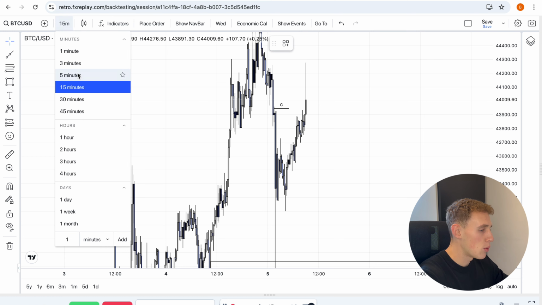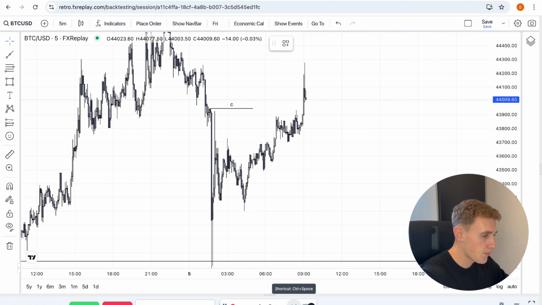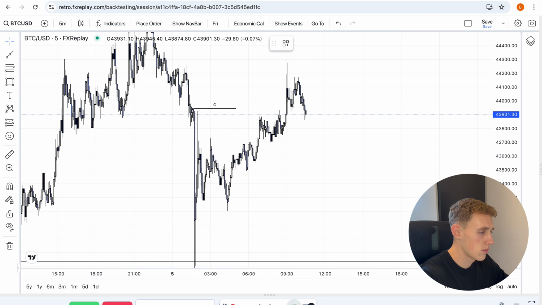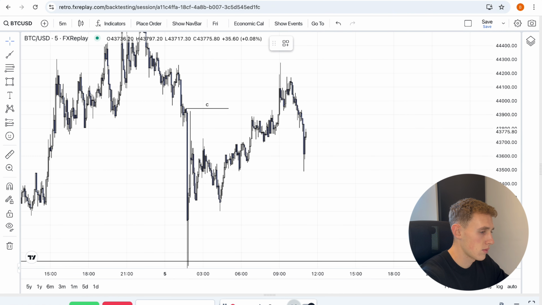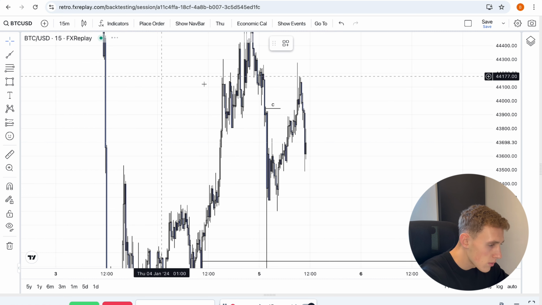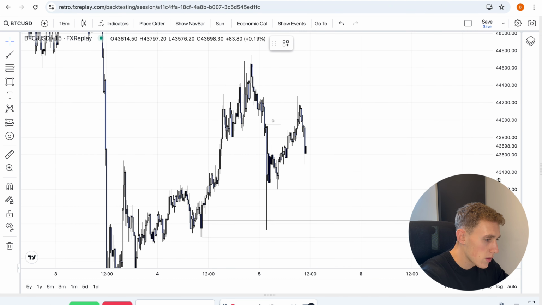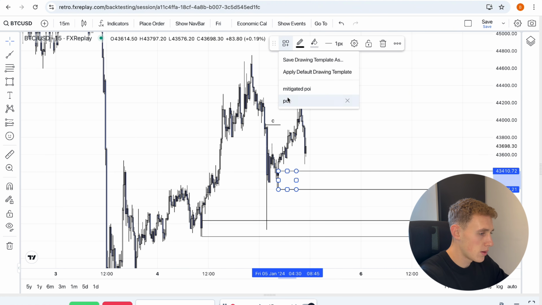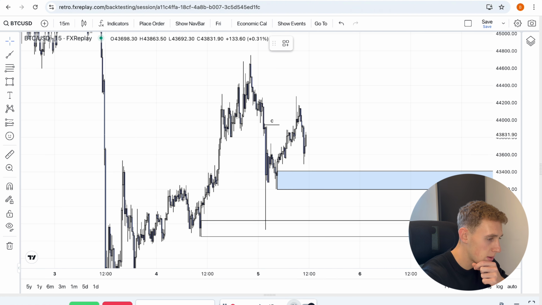Let's see if we can get a pullback here for a potential entry. Could look at this level, but I'd want more confirmation in that region, to be honest.